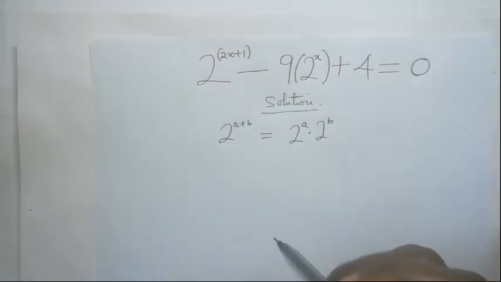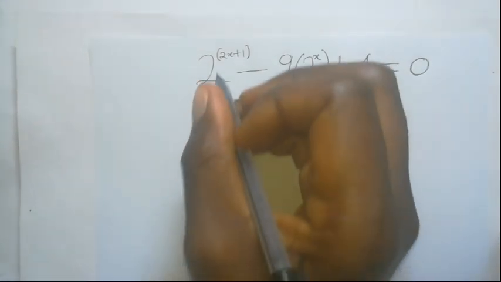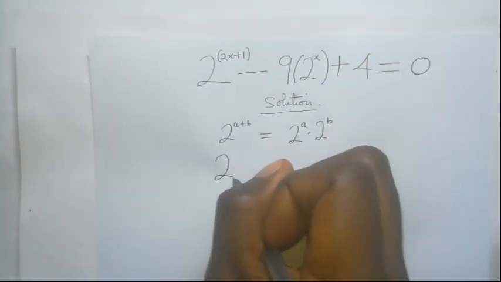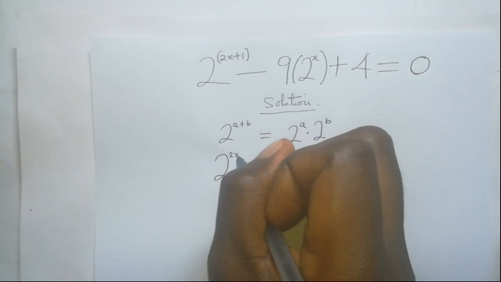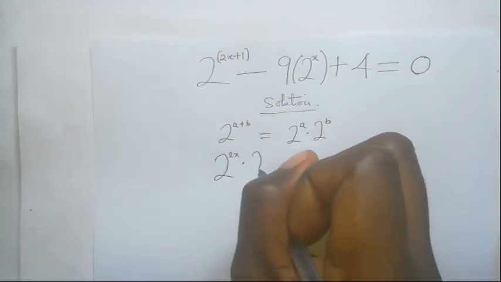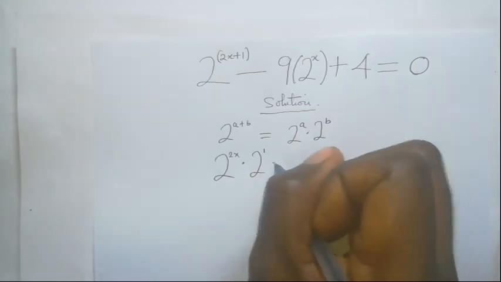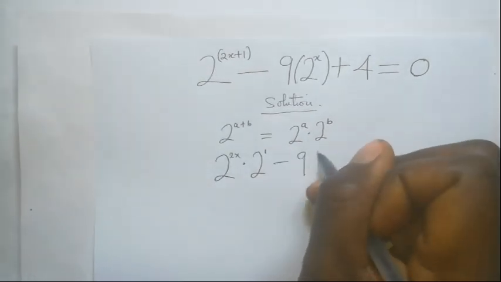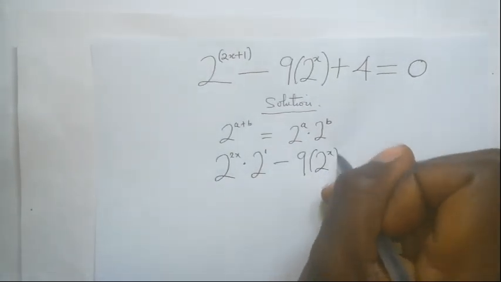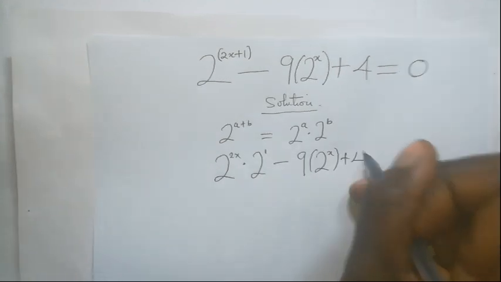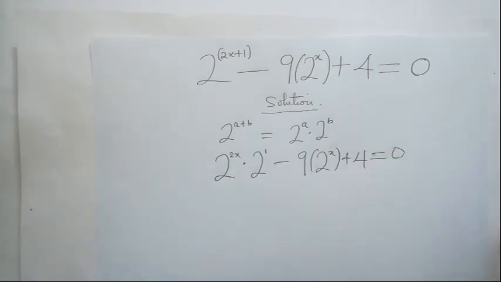So I'm going to apply it here. We have this 2 to the power of 2x can be in form of 2 to the power of x dot 2 to the power of 1 minus 9 bracket 2 to the power of x plus 4 is equals to 0.